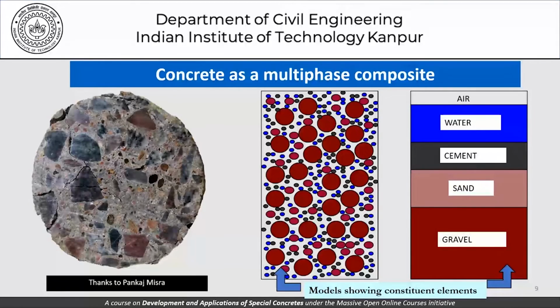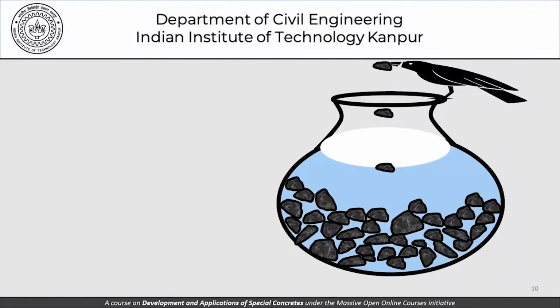We've seen that concrete is a multi-phase material. This is the lumped volumes of the different constituents: the gravel, the sand, the cement, water. This is a picture which is very important to us when we think of proportioning concrete mixes. What it shows us is the old pitcher and the crow dropping these stones into the pitcher and the water continues to rise.